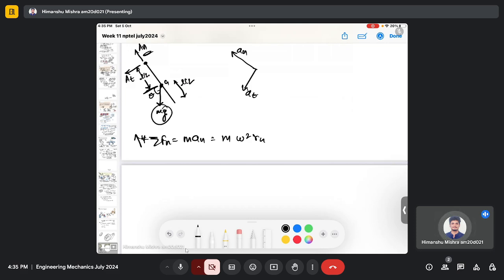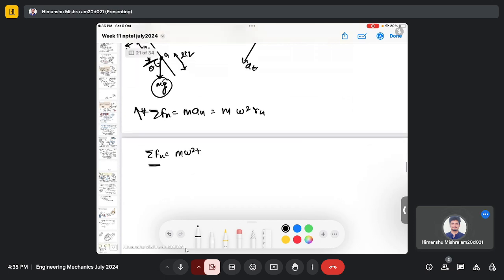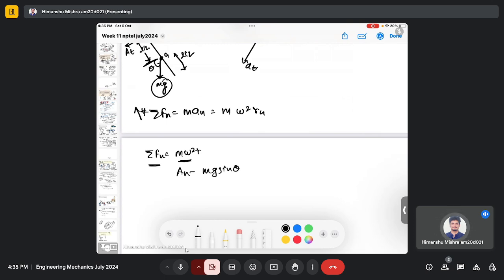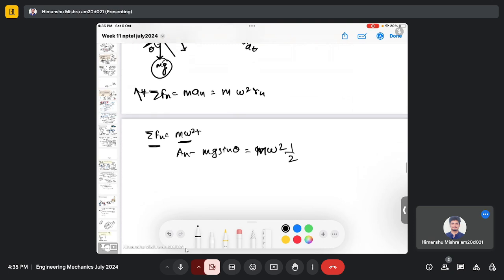Only the force An, and the component of weight in the normal direction. So this becomes the summation of forces, which is An minus mg sin theta, equal on the right hand side to m omega square r, where r is l by 2. This is equation 1.